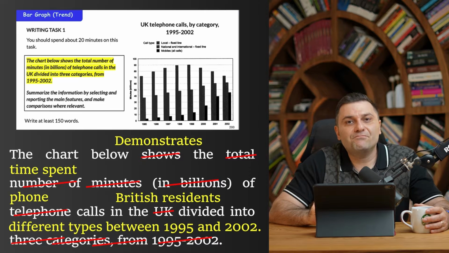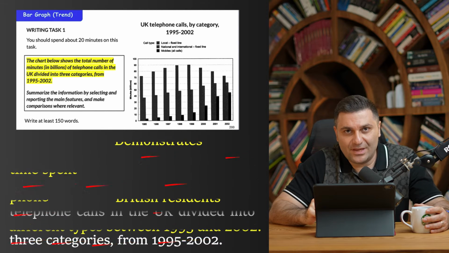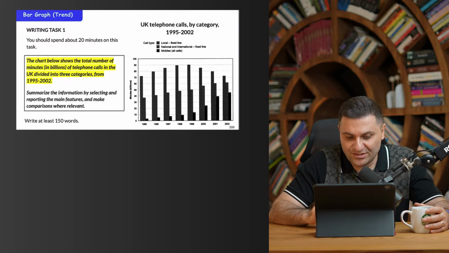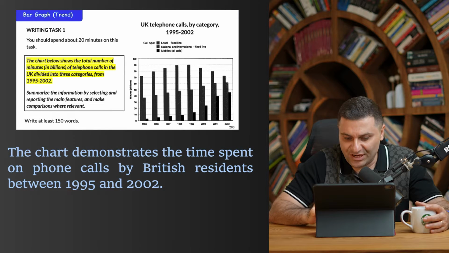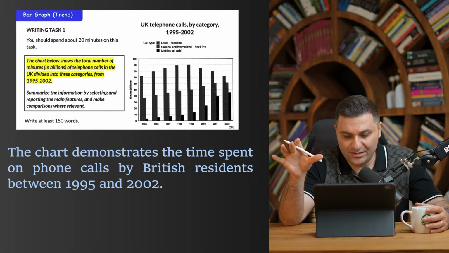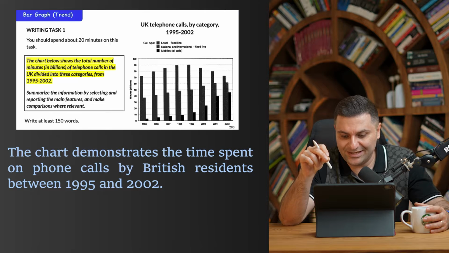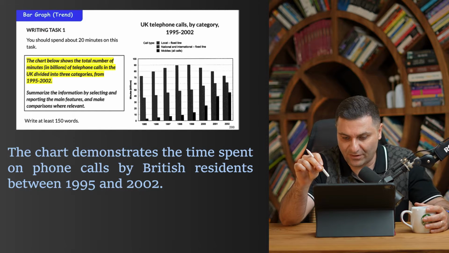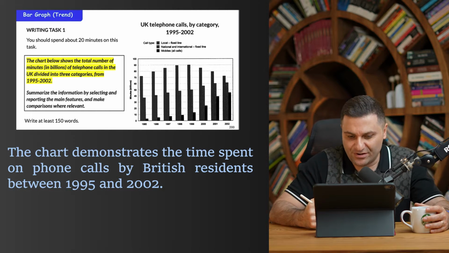Let's change the words, and our sentence will be something like this. The chart demonstrates the time spent on phone calls by British residents between 1995 and 2002, right? So what we are going to do here is to change the word order.